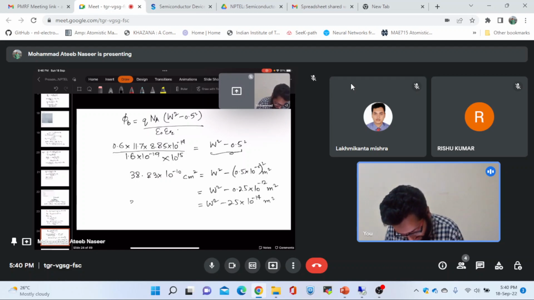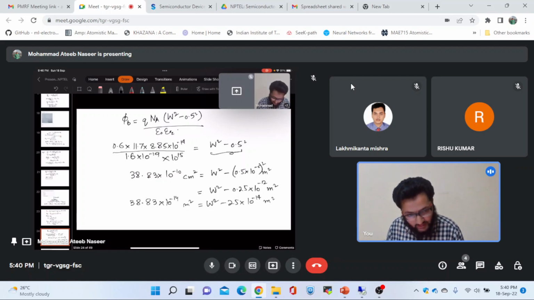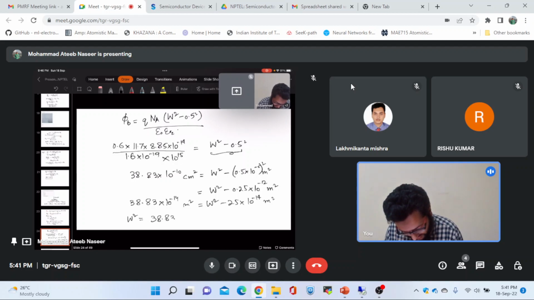It will simply be equal to 38.83 into 10 raised to the power minus 14 meter square. So both quantities are in meter square. Now we can simply add them. It will simply be 38.83 plus 25 into 10 raised to the power minus 14 meter square.